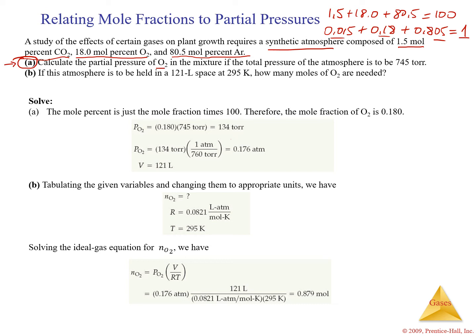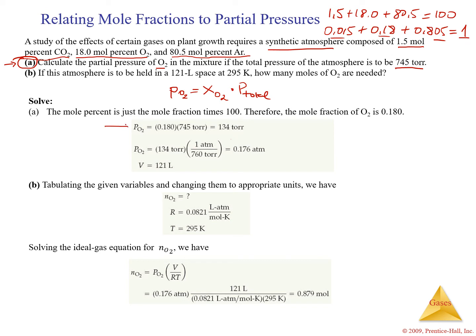Concentrating on the question in part A, it is asking you to calculate the partial pressure of oxygen in the gas mixture if the total pressure of the atmosphere is 745 torr. So we can directly apply the formula that the partial pressure of oxygen in the mixture is simply the mole fraction of oxygen times the total pressure.